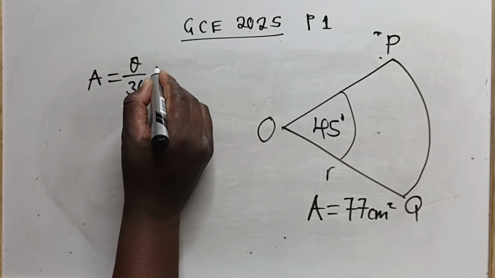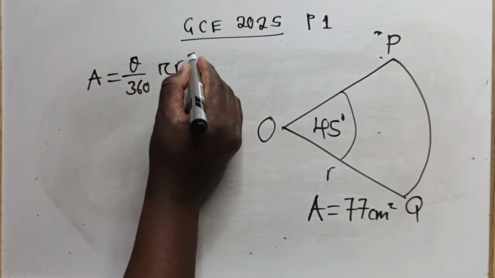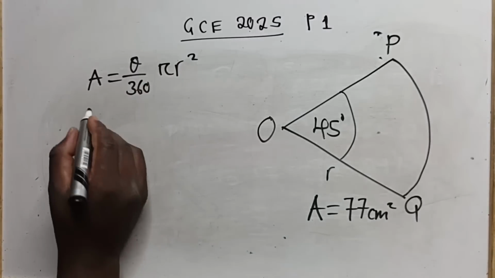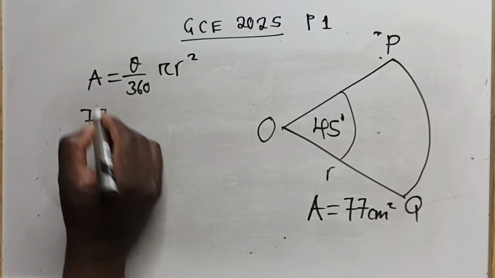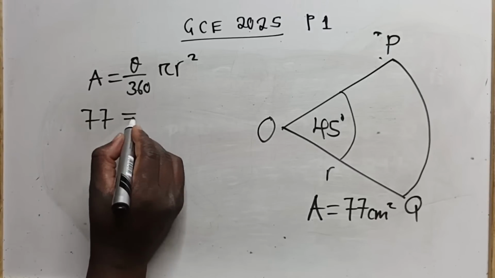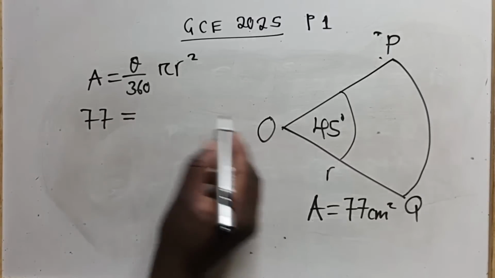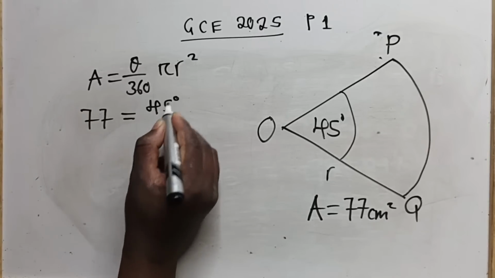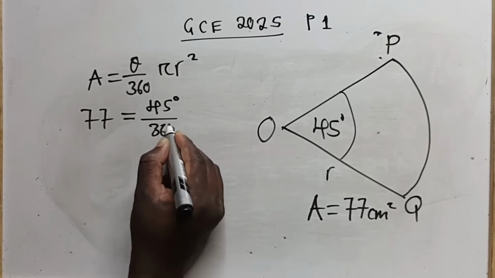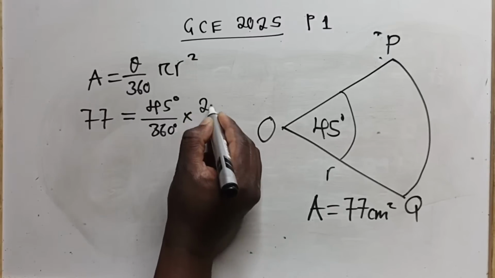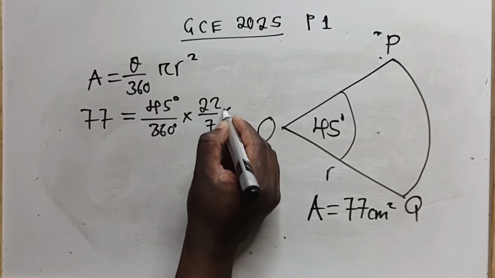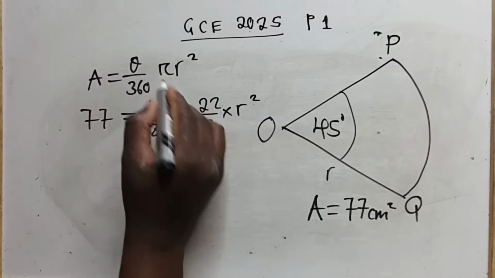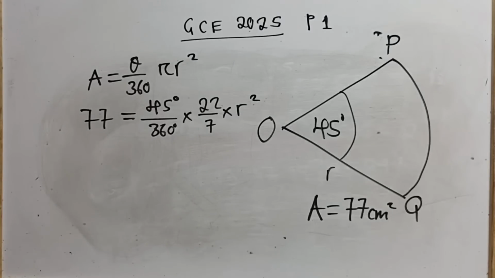Remember, you're not allowed to use a calculator for this question or this paper. So where there is A, we write 77. And where there is theta, it's 45 degrees over 360 degrees times 22 over 7 times r squared. Remember, pi is 22 over 7.